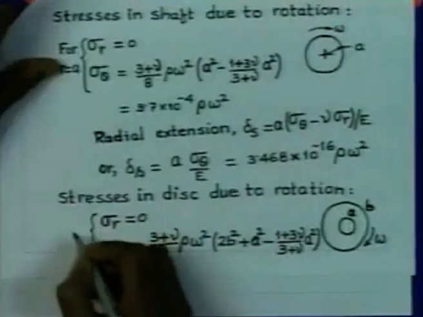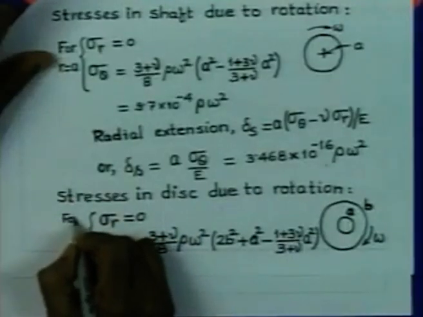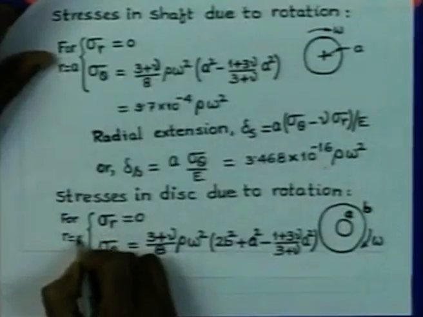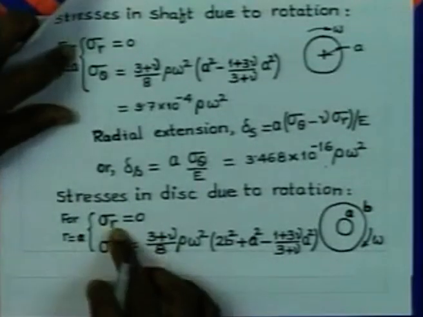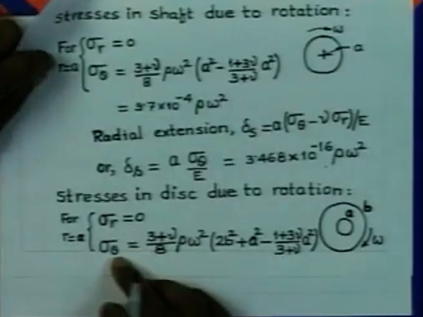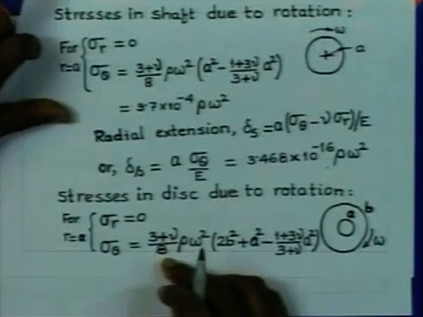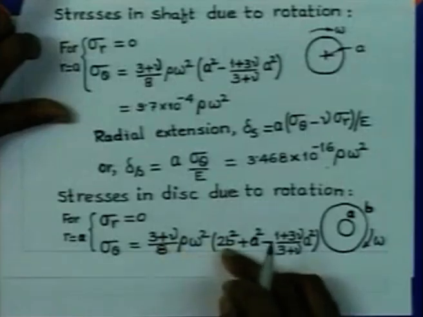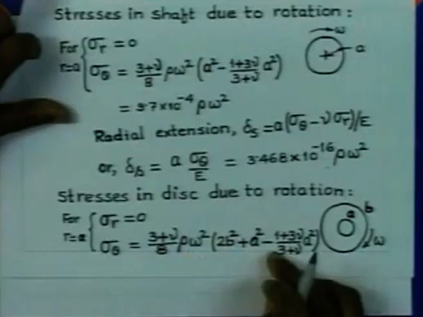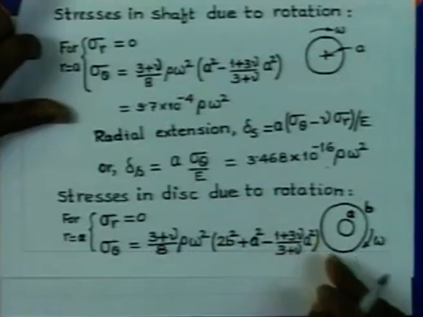Similarly, if you consider the stresses in the disk due to rotation for r equal to a, again the radial stress is 0 and the tangential stress is going to be given by (3 plus nu) by 8 rho omega square [2b square plus a square minus (1 plus 3 nu) by (3 plus nu) a square].